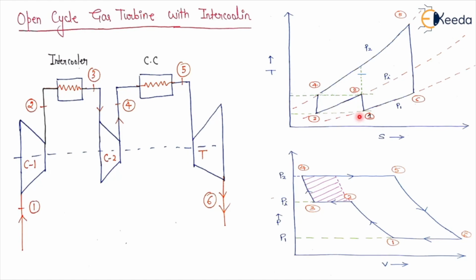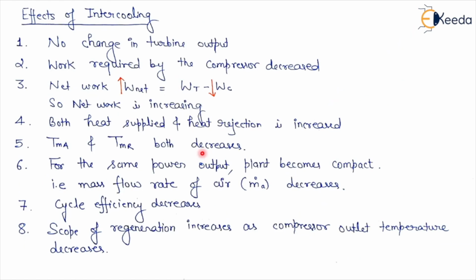But if the process happens without intercooler, this will be the temperature. With the intercooler, the outlet temperature from the compressor is this point. So the scope of the regeneration process has been increased because the compressor outlet temperature decreased. These are some effects if we are using intercooling in an open cycle gas turbine power plant.